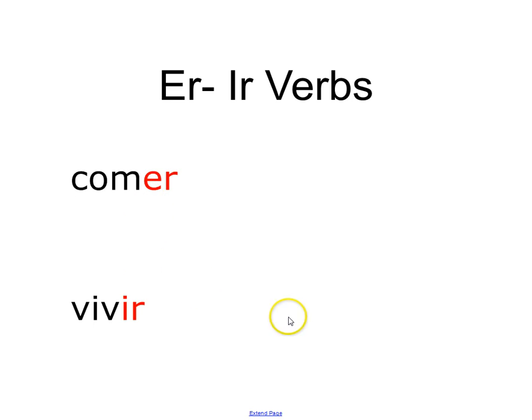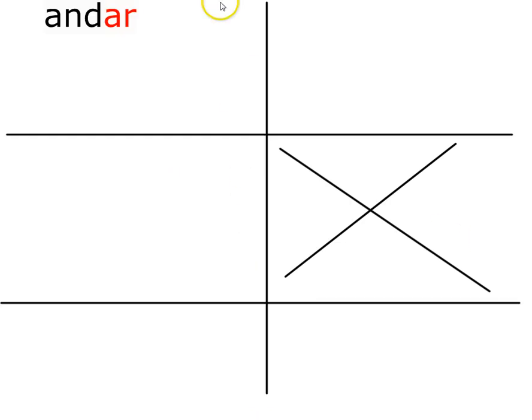Actually, there's only one difference between the two. So once you memorize one of the patterns, the other pattern is going to be easy for you to memorize too. Before we begin with ER and IR verbs, let's just go through the AR verbs as a quick review, because when you take your big test, you need to know all of the endings, not just ER and IR verbs, but AR, ER, and IR verbs in the present tense.